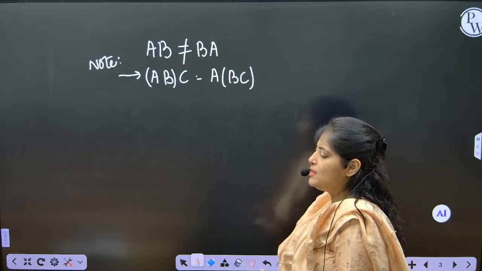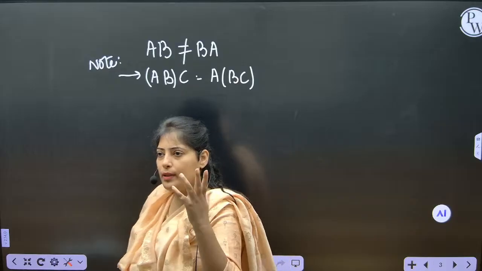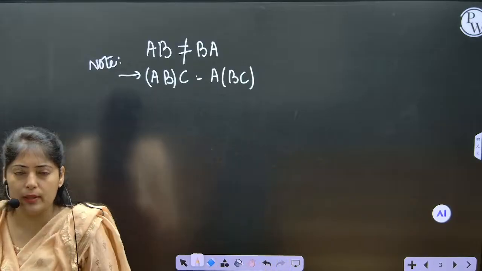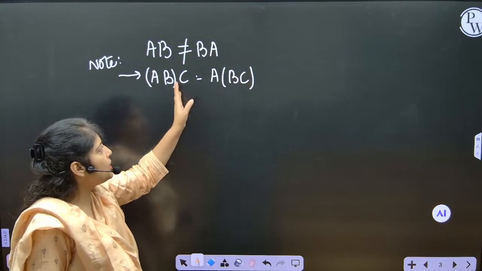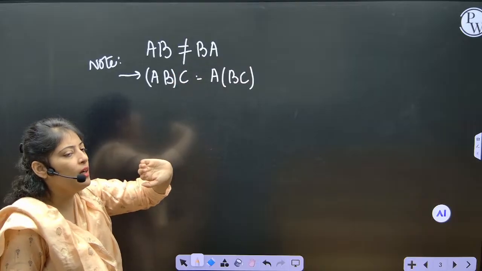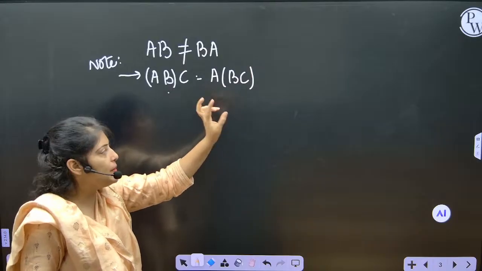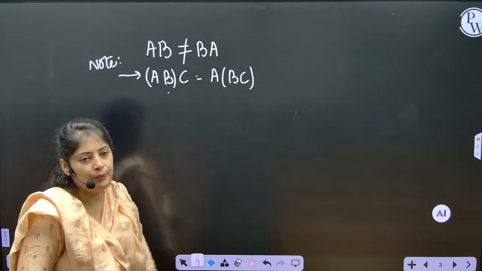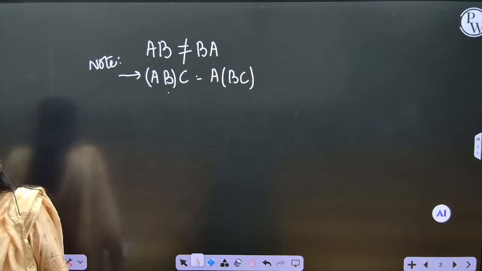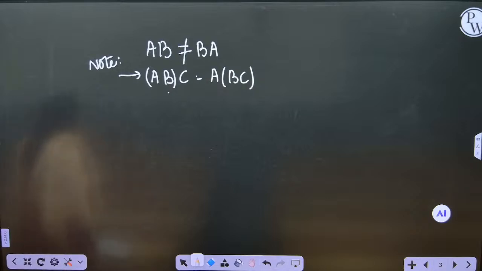All the properties when rational numbers were there, you must have seen the words commutative and associative. So this is associative, which means just the bracket shifts. AB into C is equal to A into BC. Now I'll take a question, then you will be able to understand more.